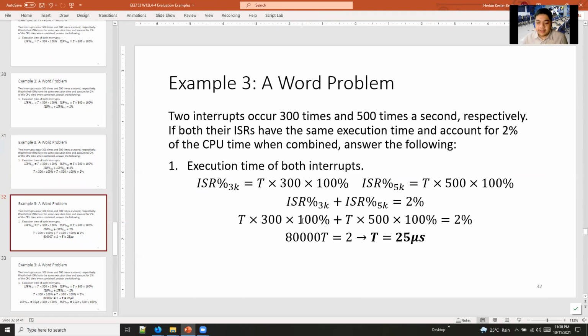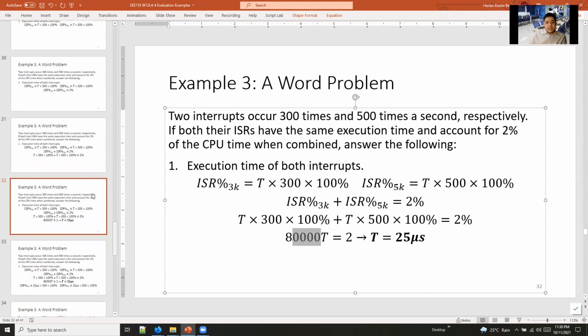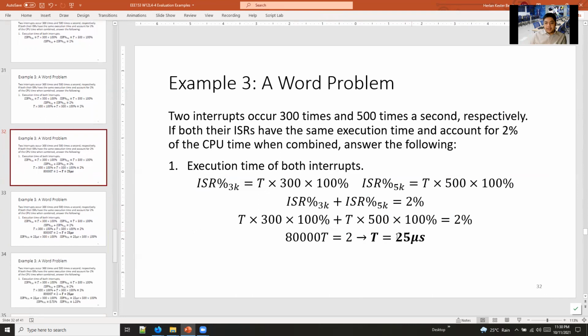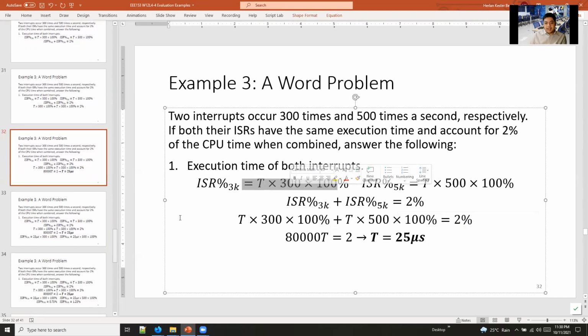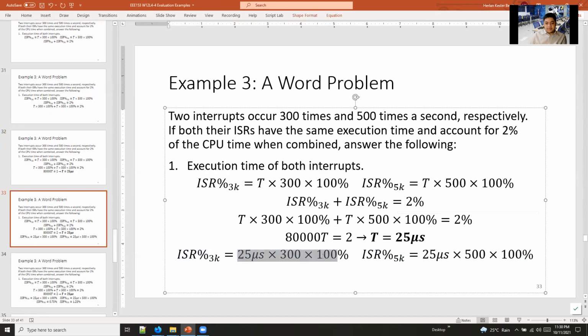So, 300 times 100 is 30,000, 50,000. Pag in-add natin, 80,000 T equals 2. So, our execution time is 25 microseconds. So, yun. If you want to check lang, pwede natin i-plug in si 25 pabalik dito sa taas. So 25 micro times 300, 25 micro times 500.